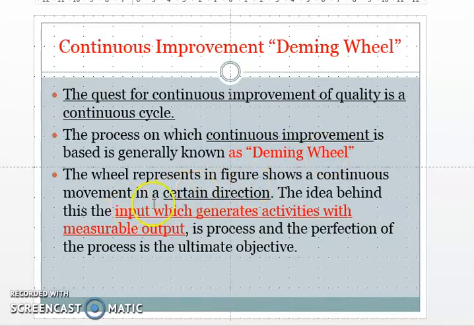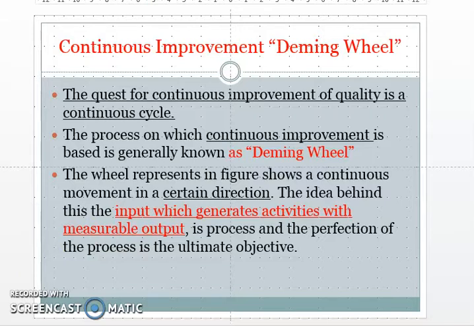This is movement in a continuous direction: plan, do, check, and act, the PDCA cycle. In this cycle, the idea is that the input generates activities with a measurable output, and this is the process, and the perfection of the process is the ultimate objective.